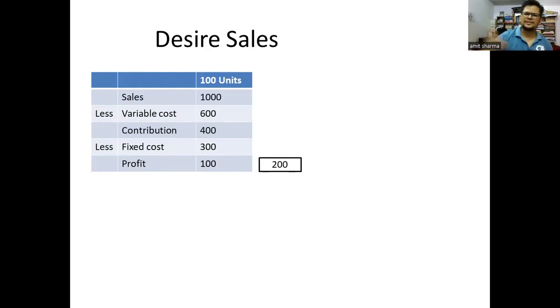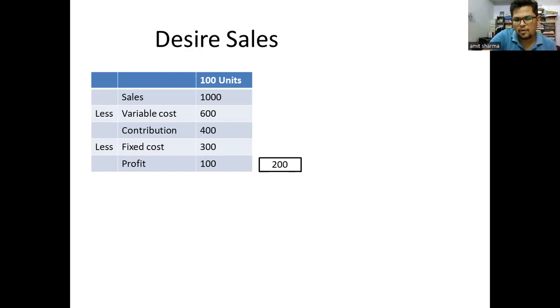I know you are thinking that it is simple, because we are getting 100 rupees on 100 units, so for earning 200 rupees we need to sell 200 units. Why are you asking this stupid question? No, this is not as simple as that, because there is something material here.